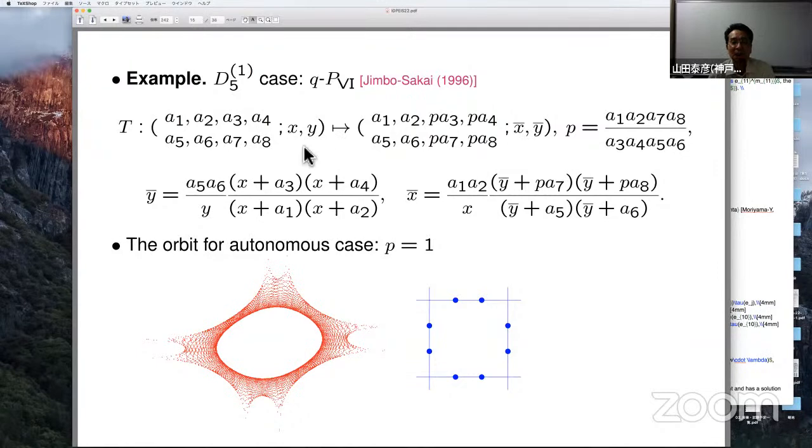The time evolution of the parameters is nothing but a P shift, and the evolution of the X and Y variables is given by this birational transformation. Again, when the parameter P is equal to 1, the system is autonomous and we have a conserved quantity.